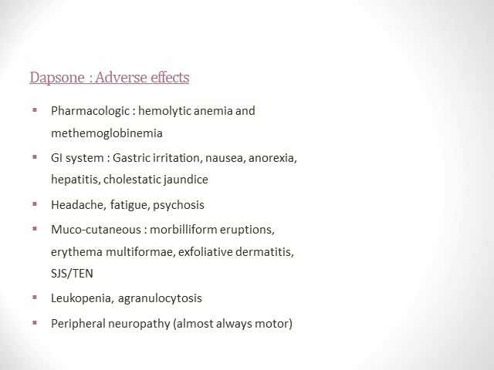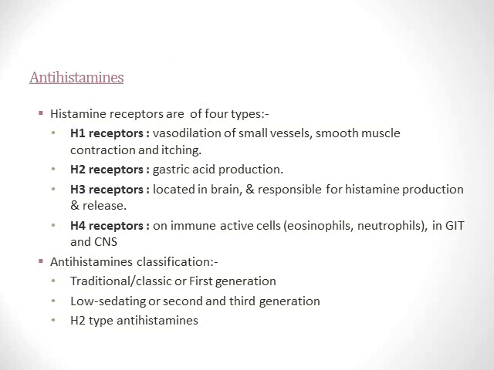In the blood parameters, apart from hemolytic anemia and methemoglobinemia, leukopenia and agranulocytosis can also be seen, and very rarely it can present as peripheral neuropathy, which is always motor. This is the one you should not confuse with the neuropathy which is also there in Hansen's. So peripheral neuropathy which is only motor, always motor, is Dapsone. These are certain side effects which we have.